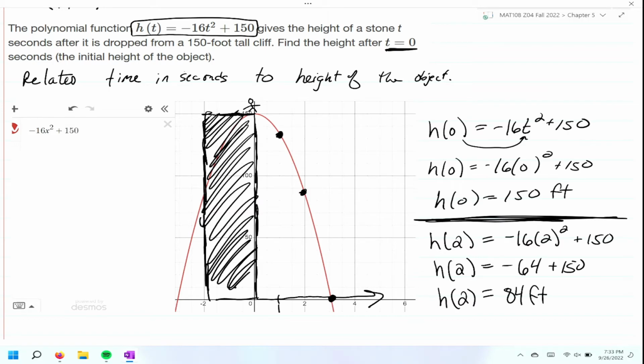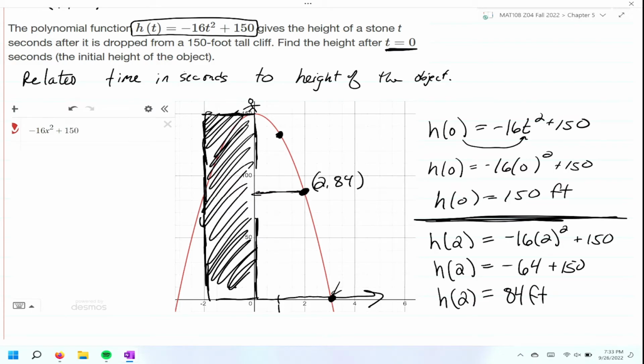And if I kind of just erase some of this, right here at this point is 2, 84. And if I were to draw a line straight over, all right, it kind of looks like it's 84, the height. And we can also see that if we look at 3 seconds, so t equals 3, we can see that the rock is almost at the very bottom.